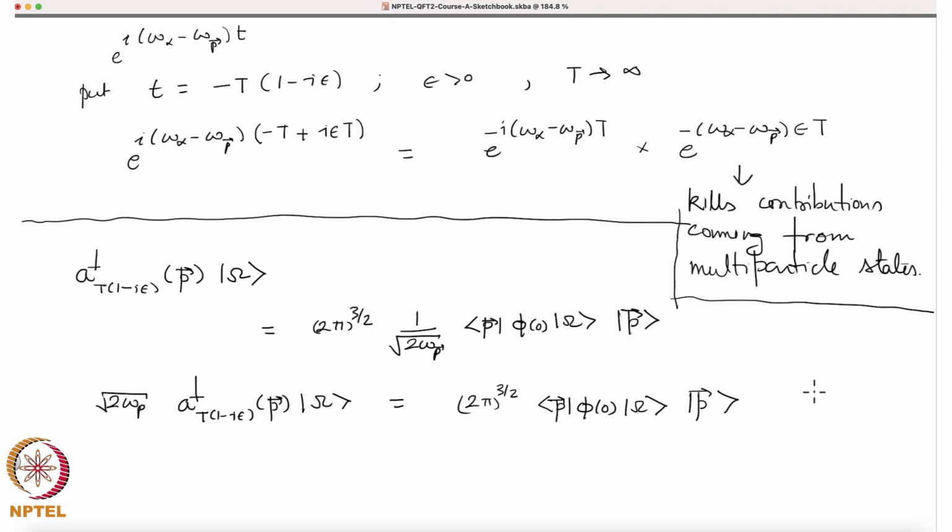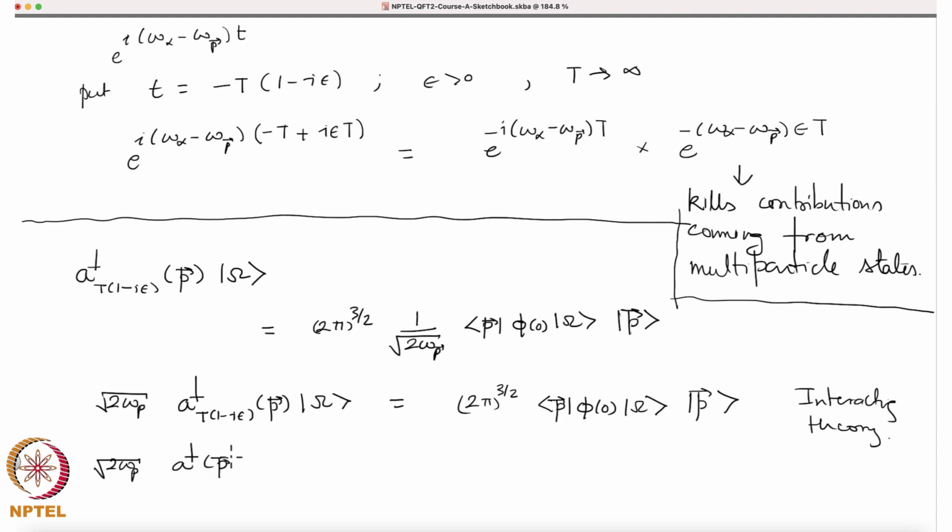This is for your interacting theory, interacting real scalar field theory. And now let's compare this with what you had in the case of free theory. In free theory, we had the following.